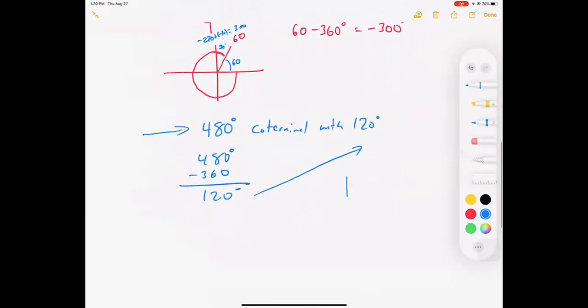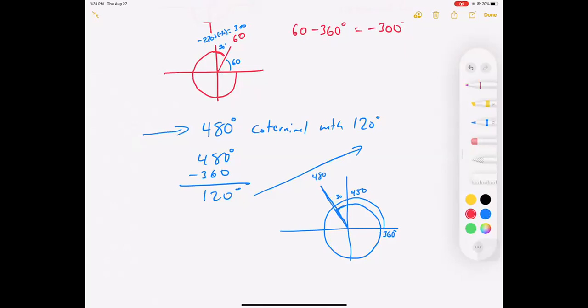So if we draw it out, if I go 480 degrees, this first circle would be 360. If I keep going, 360 plus 90 is 450. Just a little bit more, 30 more degrees, and we are at 480 degrees.